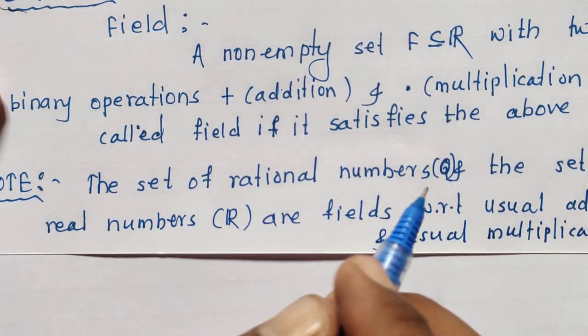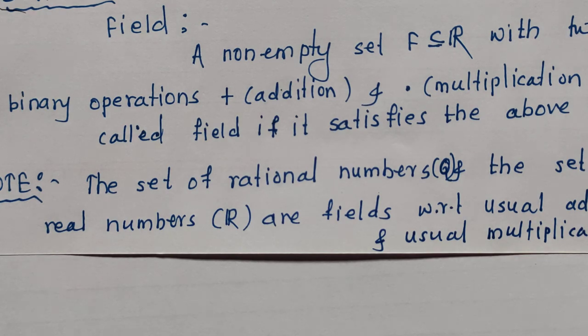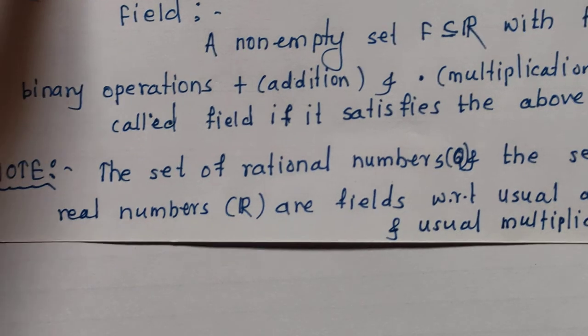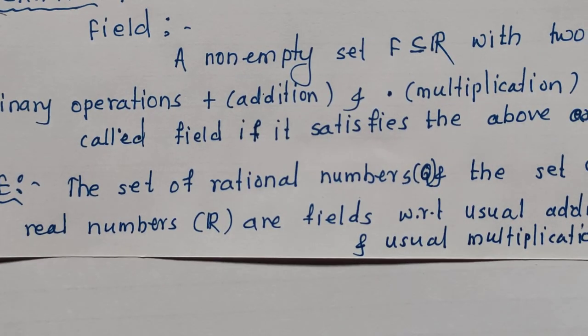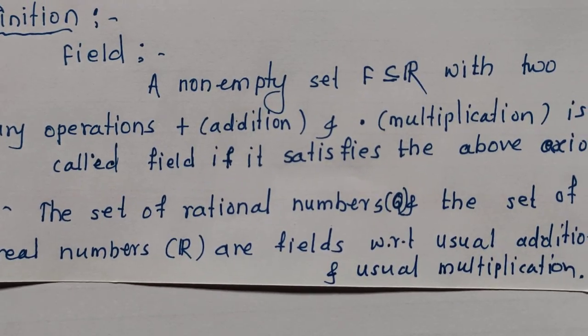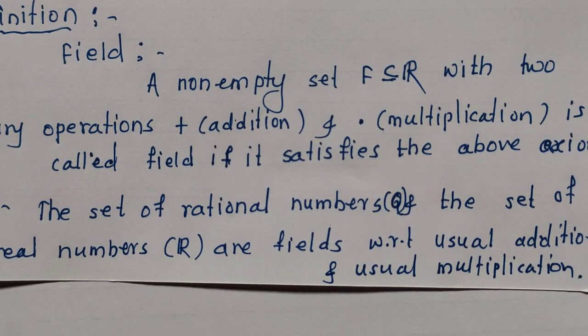So this note tells us that the set of rational numbers as well as the set of real numbers forms a field with respect to usual addition and multiplication. Usual addition and usual multiplication mean the addition and multiplication that we generally use.